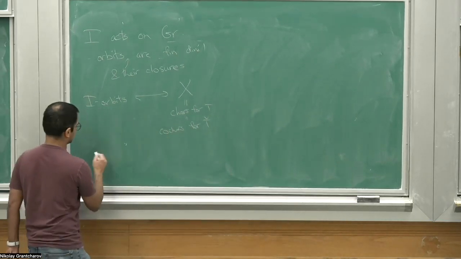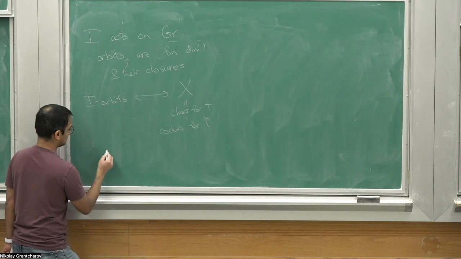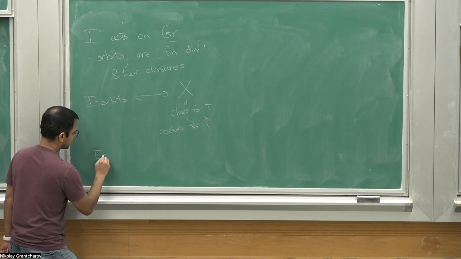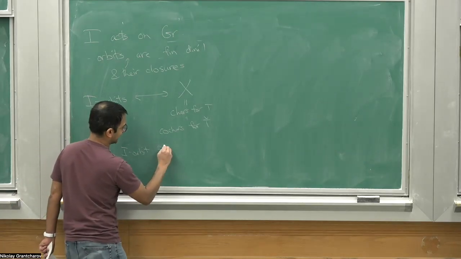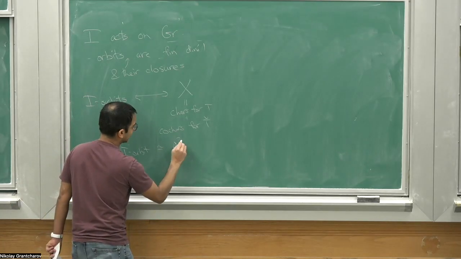And in fact, each I orbit is isomorphic to some affine space.